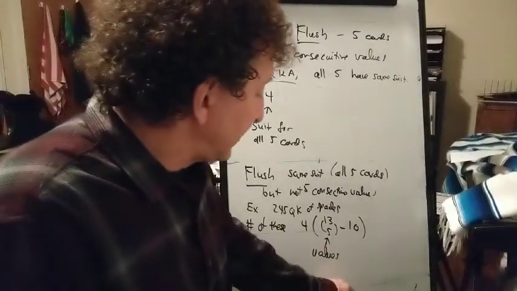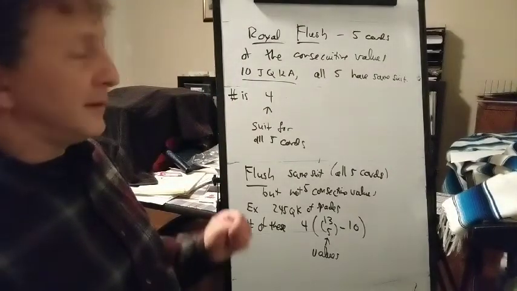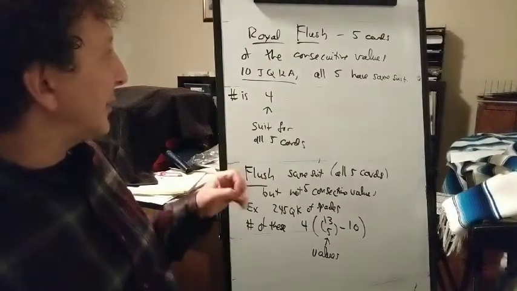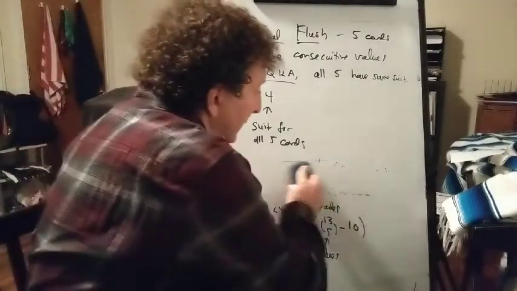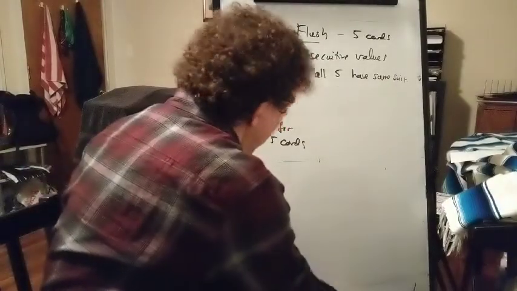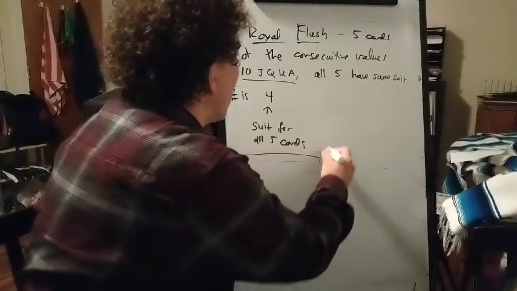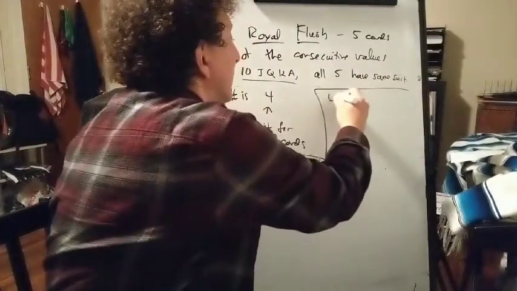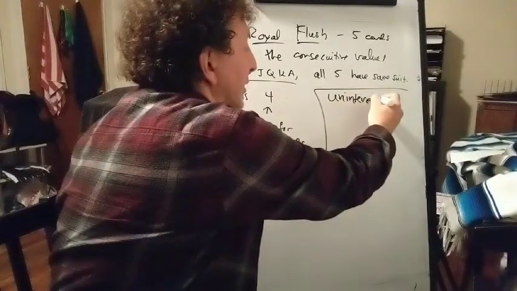Alright, now let's use the subtraction principle to find all the poker hands that don't have any repeated cards and don't have any of the flush or straight properties. Let me call these uninteresting poker hands.